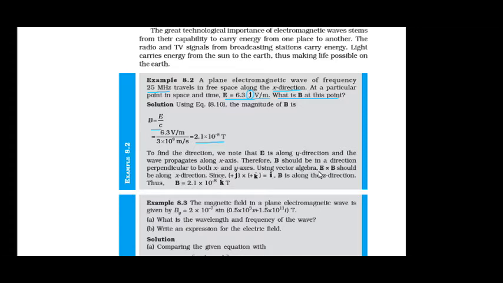Using vector algebra, E cross B should be along the x direction. Since j cross k is equal to i, B is along the z direction. Therefore, B is equal to 2.1 into 10 to the minus 8 k Tesla. k represents the unit vector for the z axis.